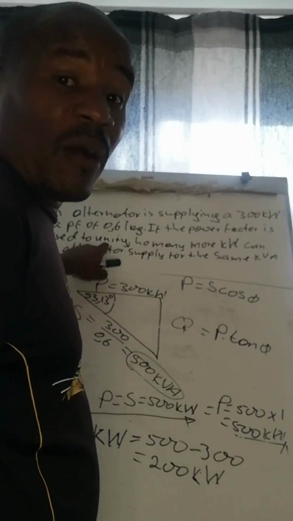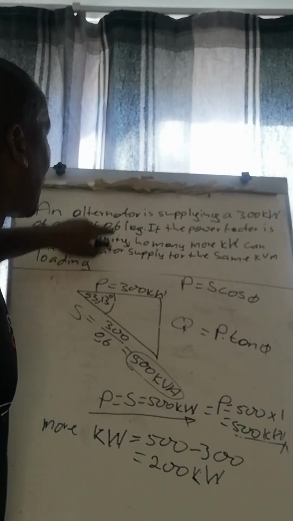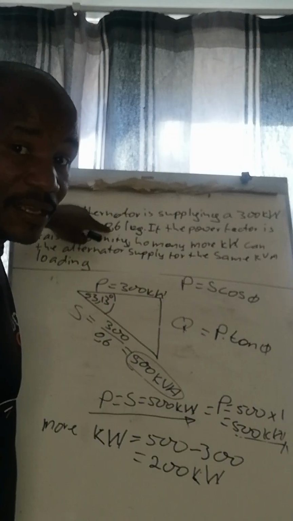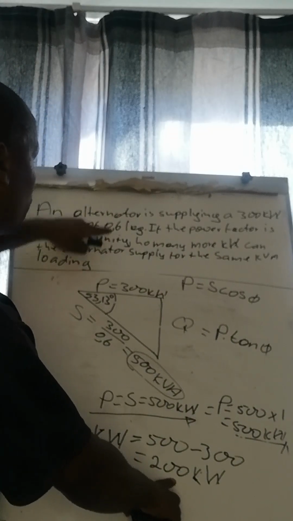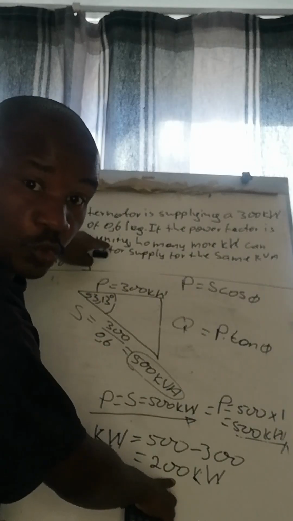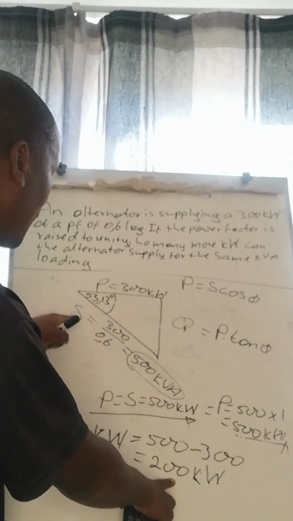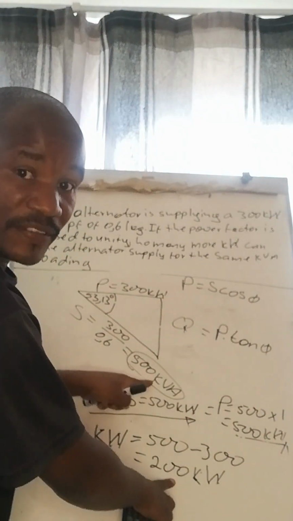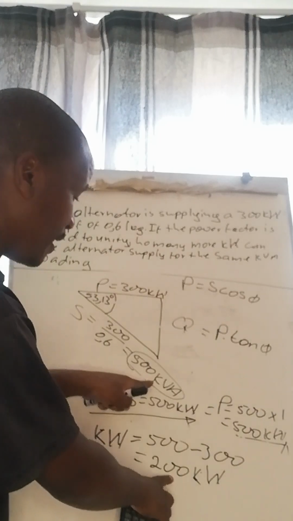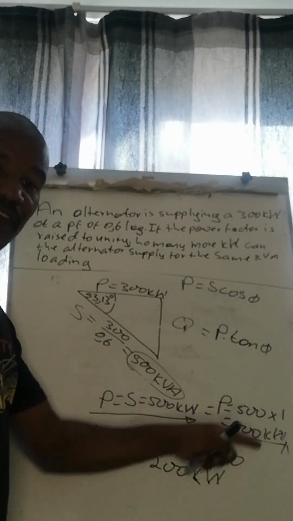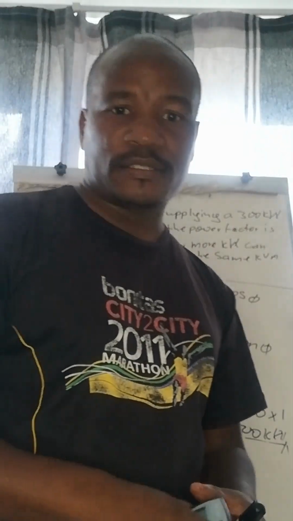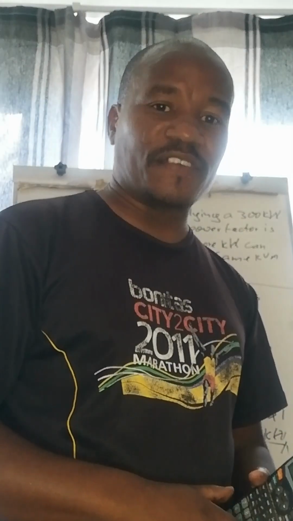Only when the power factor is raised from 0.6 to unity, where there was a loss of 200 kilowatts, the apparent power is 500 kVA and now it develops 500 kilowatts. Very, very important.